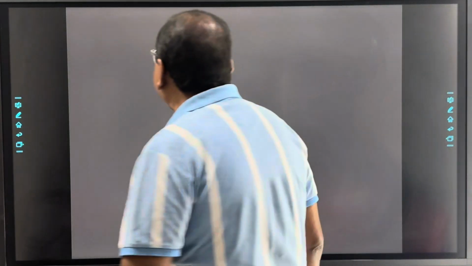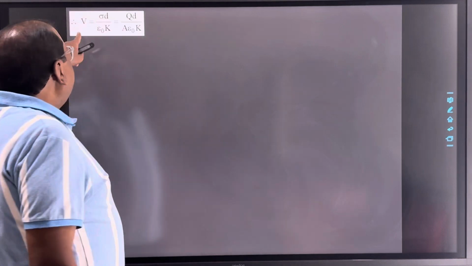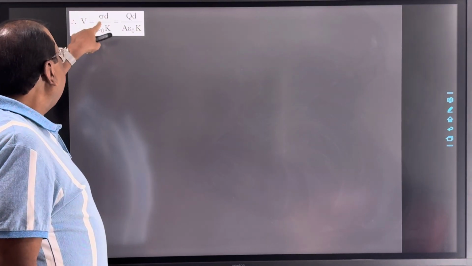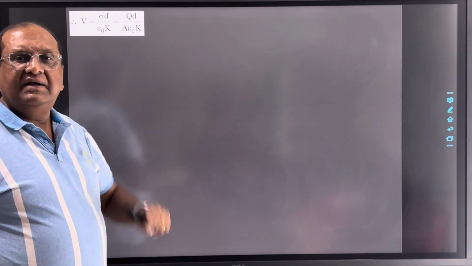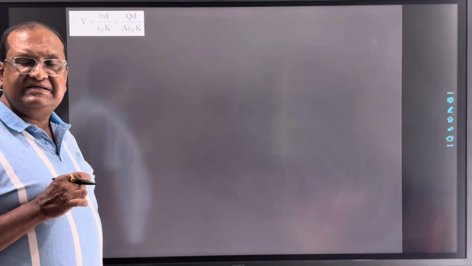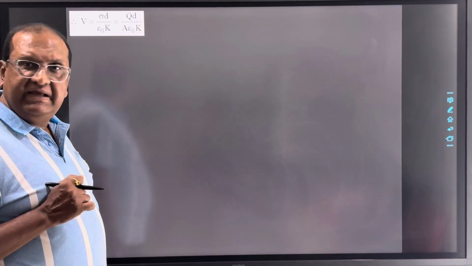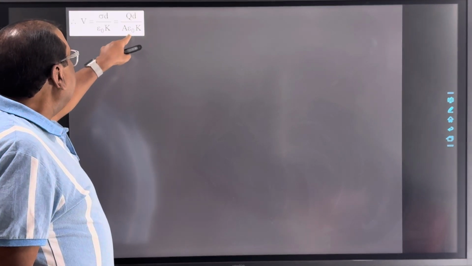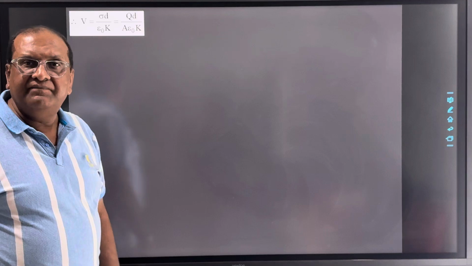Now see, V is sigma d upon epsilon 0 k. Here we replace sigma, the surface charge density, by q by A. So we can write V equal to qd upon A epsilon 0 k.